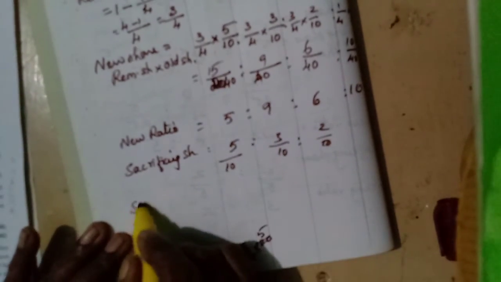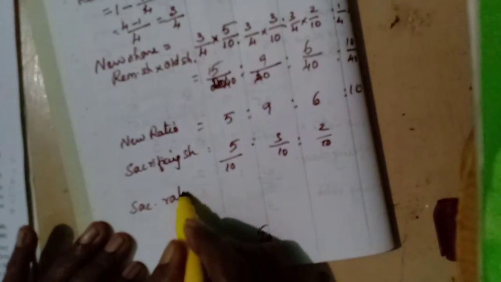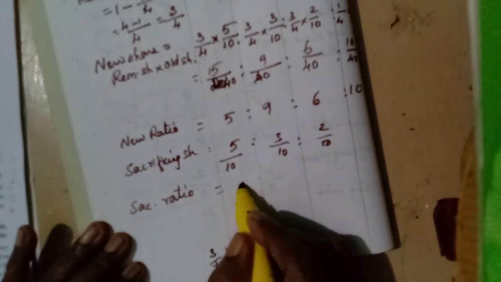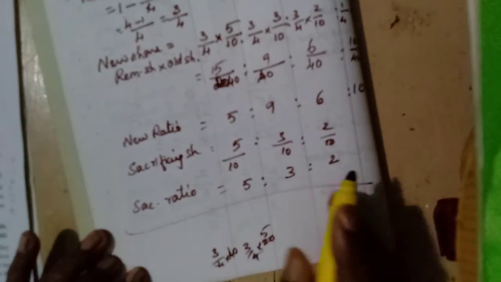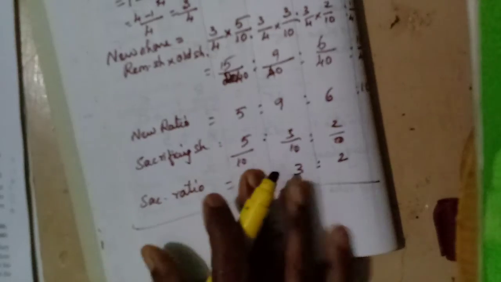So sacrificing ratio is 5 is to 3 is to 2. This is the answer. Okay, students, now we have completed finding out the new profit sharing ratio.